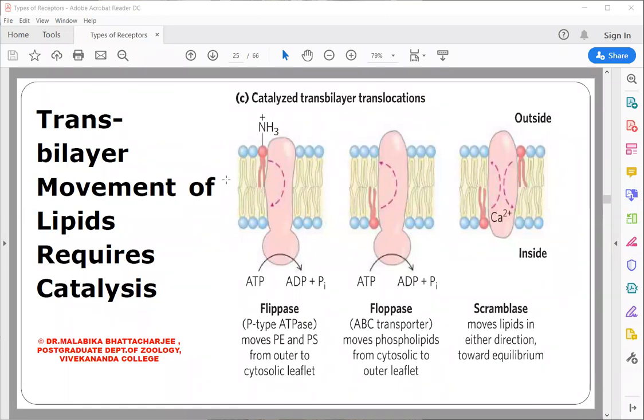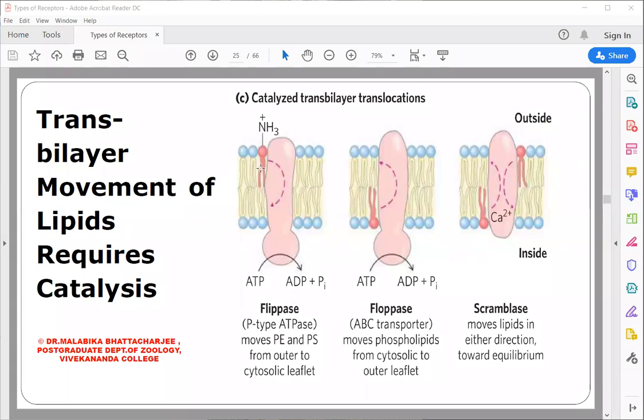It catalyzes the translocation of the aminophospholipids, phosphatidylethanolamine and phosphatidylserine, from the extracellular to the cytosolic leaflet.